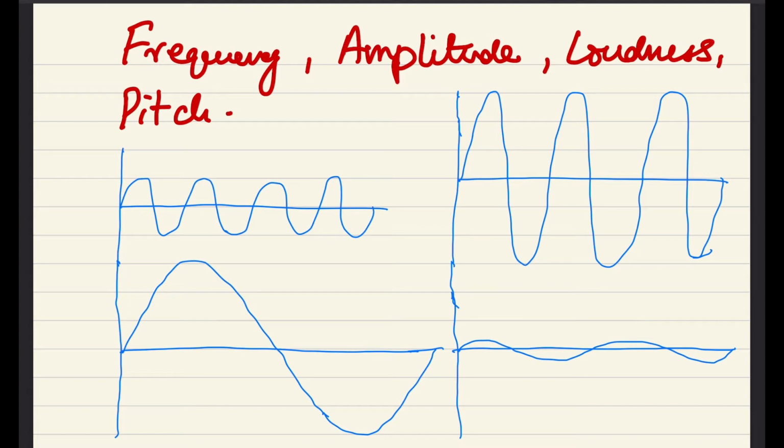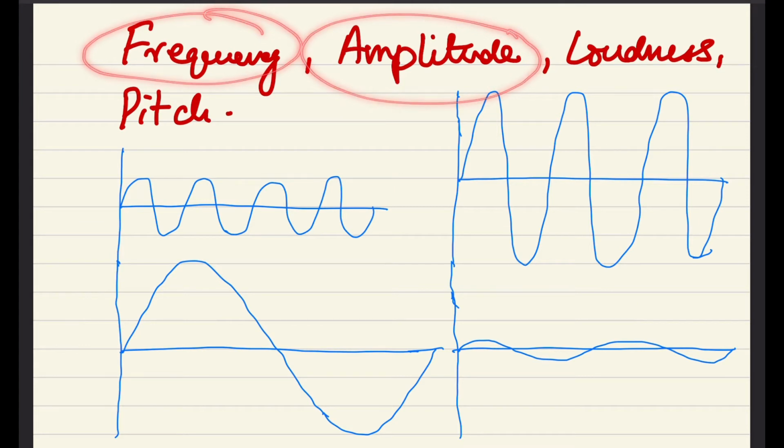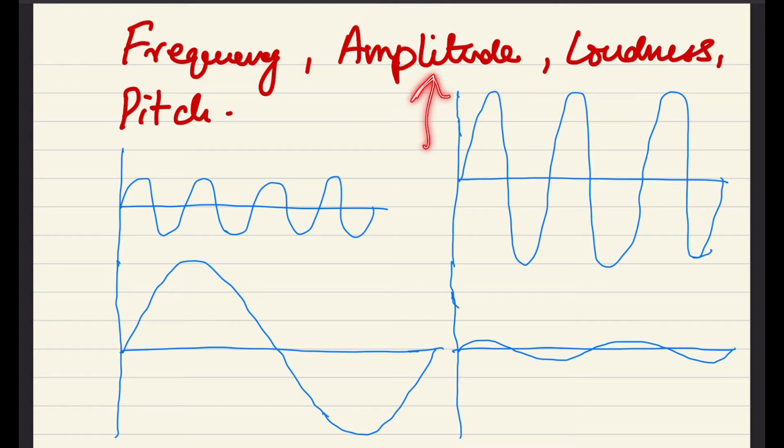But before discussing that, let me just tell you about the features of a wave, that is frequency and amplitude. First of all, let's discuss the amplitude. So amplitude is basically the distance of this cycle, the maximum distance from the mean position. So this is the amplitude.